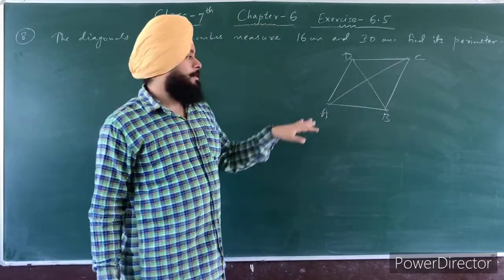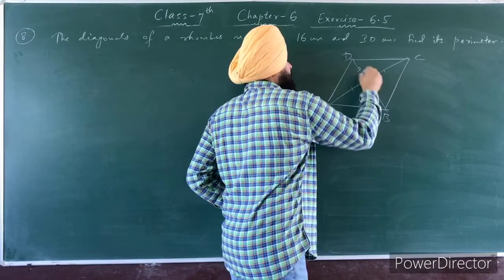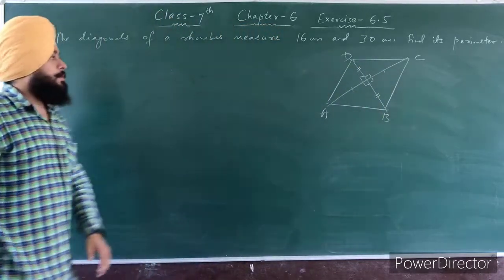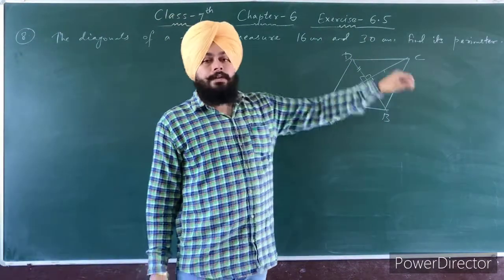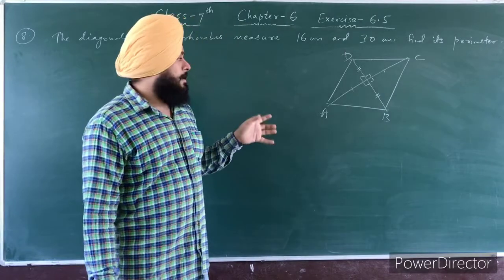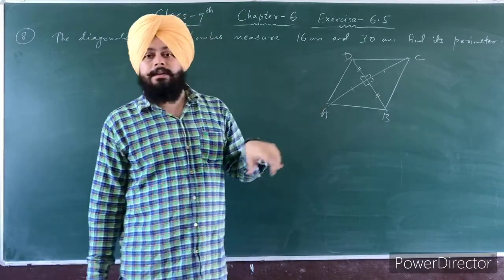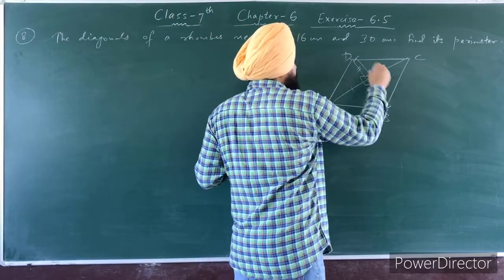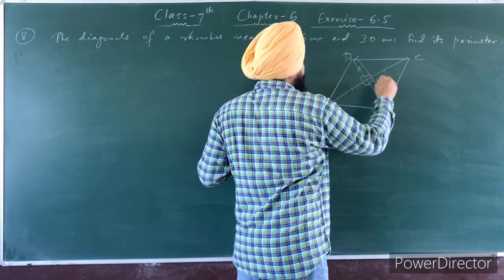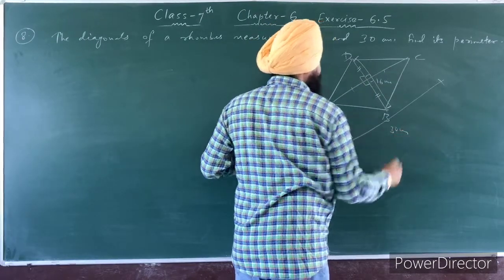We know that diagonals of a rhombus bisect each other at 90 degree. Clear? So the diagonals of a rhombus measure 16 centimeter and 30 centimeter. One of its diagonals is of length 16 and the other one is 30 centimeter. So suppose that this BD is of length 16 and this AC is of length 30 centimeter.